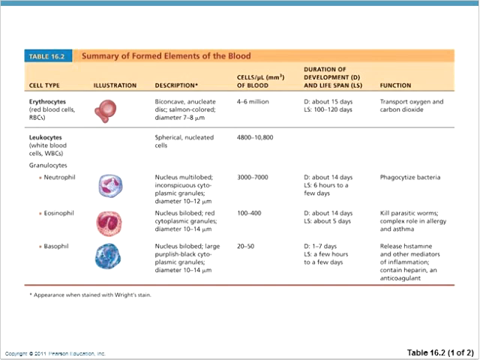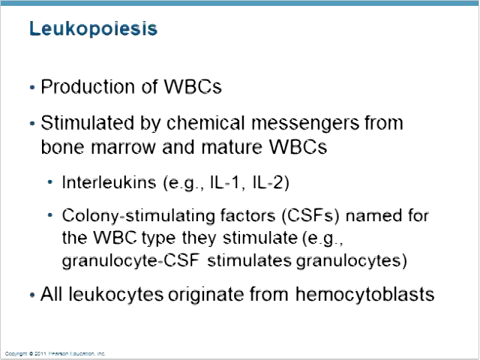This is the table that's in your book, which goes through each of those cells and talks about how they do their production, and I'd like you to do that. Leukopoiesis is the production of white blood cells, and it's stimulated by chemical messengers from the bone marrow and other mature white blood cells. We know from our previous chapters that interleukins include IL-1 and IL-2, and there are also colony-stimulating factors, or CSF, which are named for the white blood cell type they stimulate.